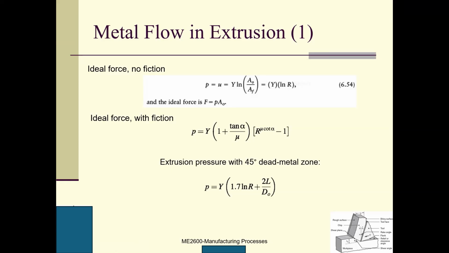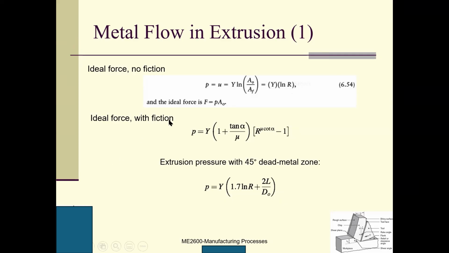So what is Y? Y here is the yield strength. Sometimes they use SY, sometimes they just use Y. I want you to know Y is the yield strength. A0 is the original cross-sectional area, and AF is the final cross-sectional area.